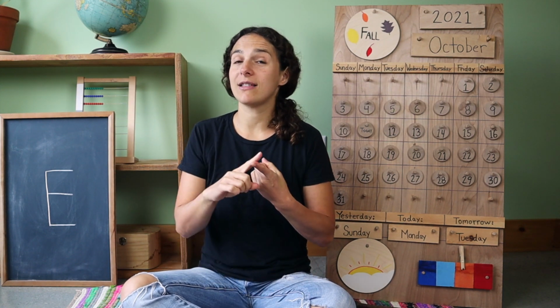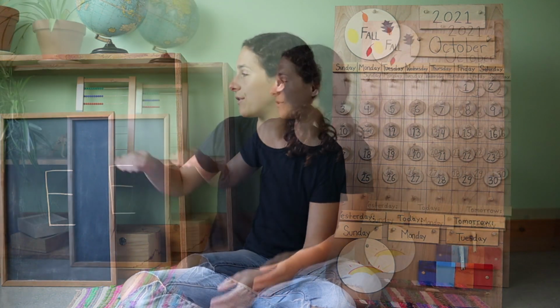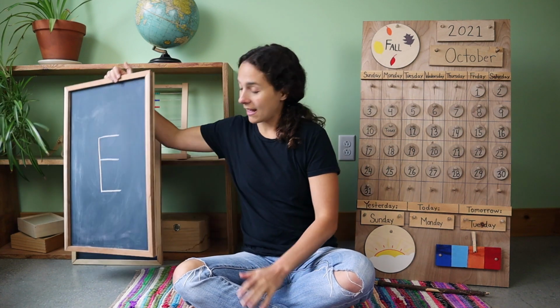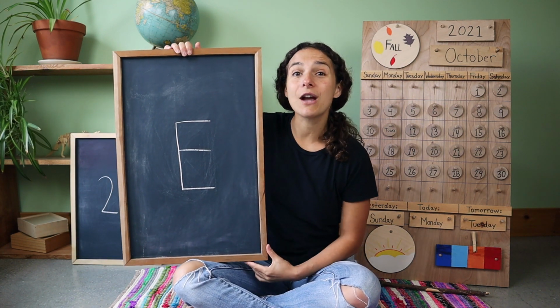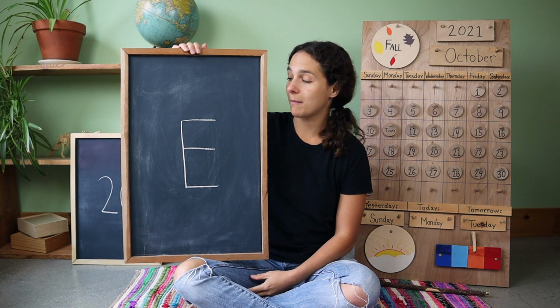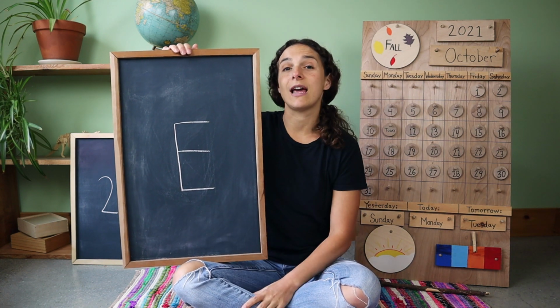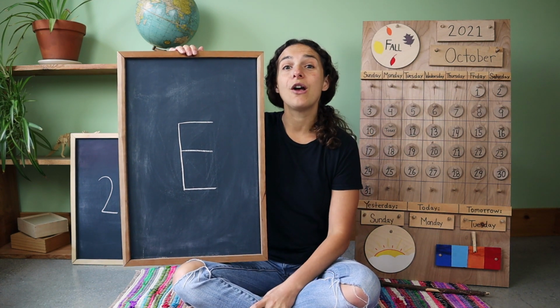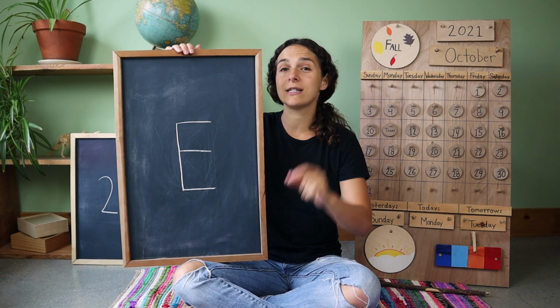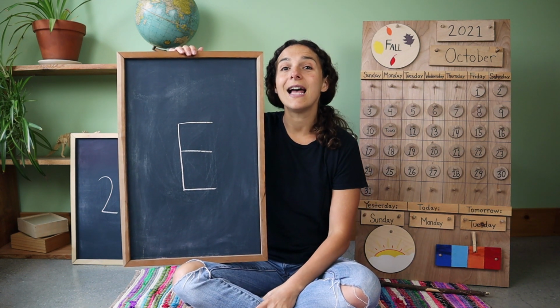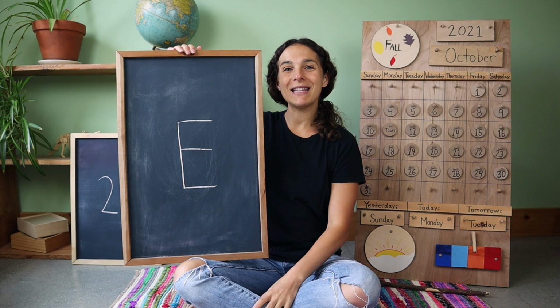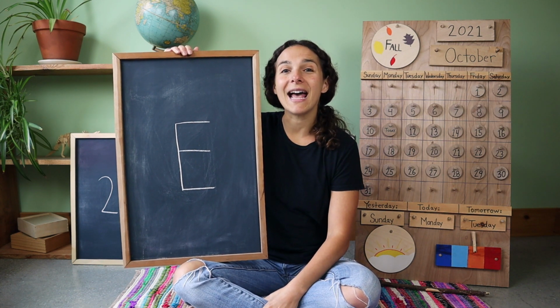Now let's move on to the letter, the number, and the sign of the week. Because today is Monday, we have a new letter to talk about. This letter makes two sounds. The first sound is a short sound that goes like this, eh. Can you make that sound with me? Eh.